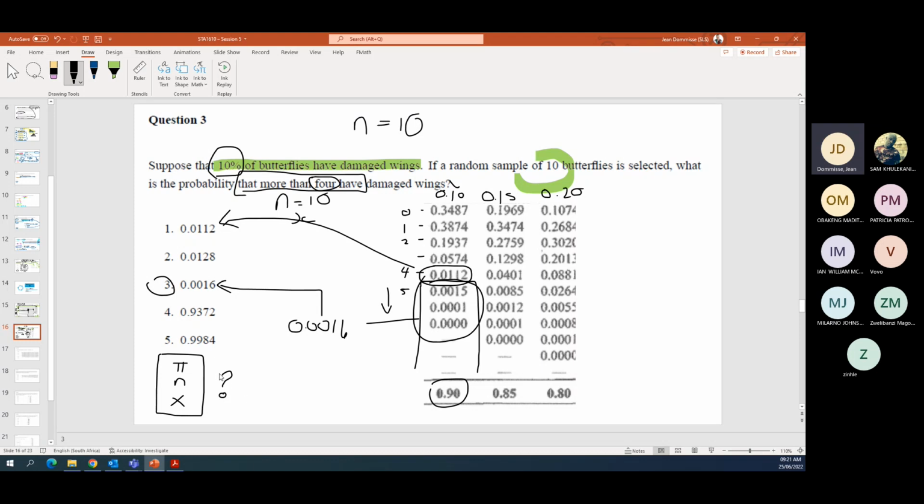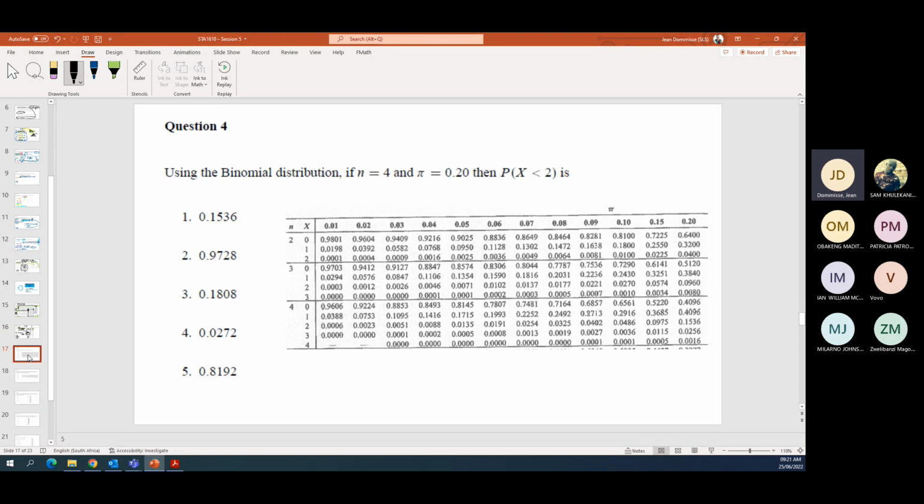If you don't get this, you won't be able to do anything with a binomial. So what I normally do when I look at these questions is say, okay, let's look where the things are. So that is my pi, that is my n, and that is my x. Then I know I've ticked all of them, and it becomes easier to go and look for it in the tables. Okay, let's go to another one.